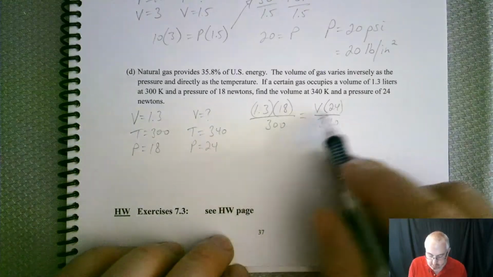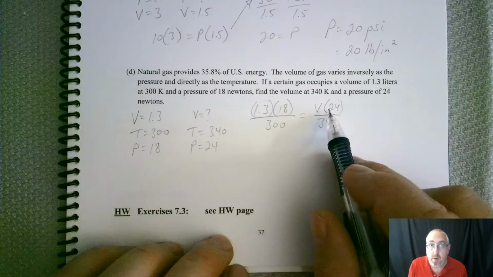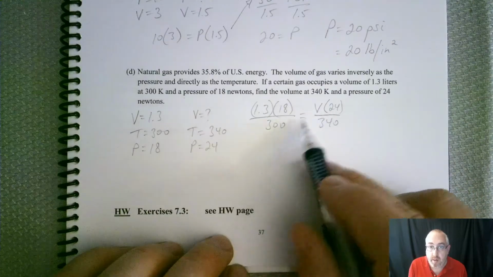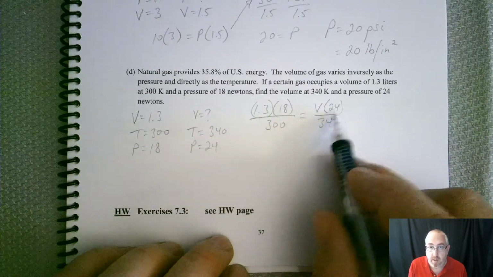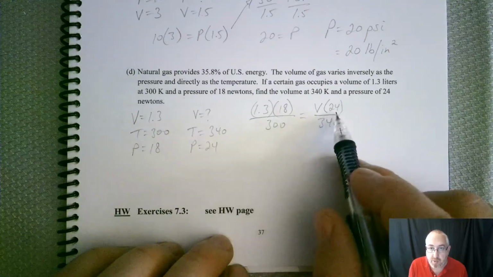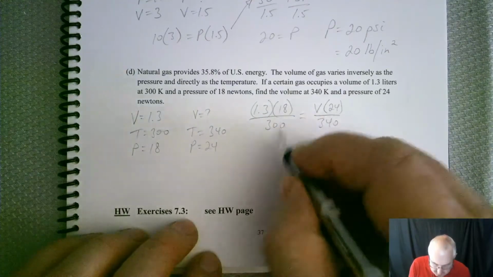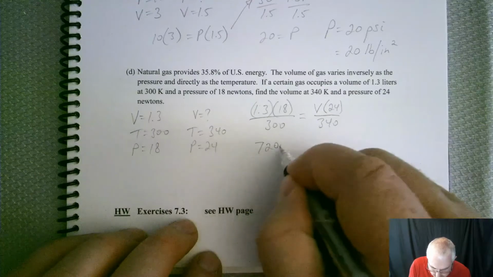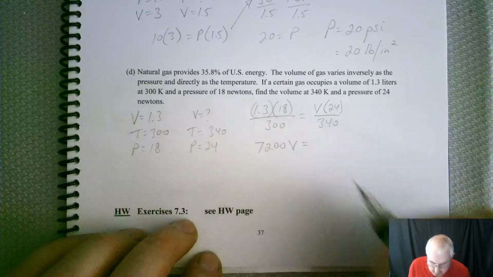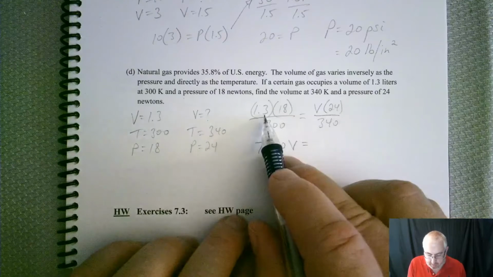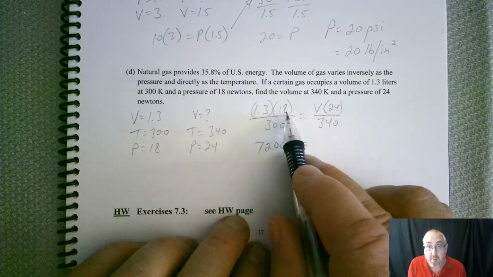So let's do our unknown cross product first. So we got the 300 and we got the V and then we got the 24. So we can multiply 300 times 24. So that's going to be 7,200. 7,200 V. And then we got all three of these pieces multiplied together.